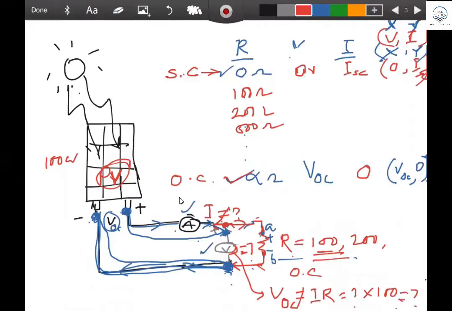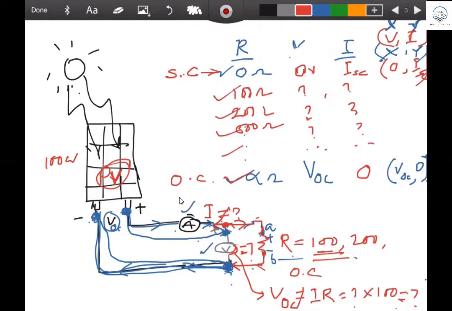So voltmeter and ammeter must have some value. It cannot be 0. You understand? Same way for 200, 500, whatever, everybody gets some value here. None of them are 0 or infinity. All the values are there.